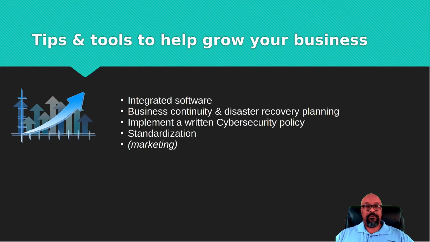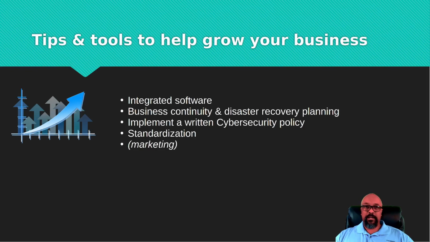So some of the tips and tools that we'll talk about today, which will help you to grow your business, really center on these particular bullet points that I have here. Integrated software, and we'll go into some detail about this. And by the way, I will have links to the applications, or rather the solutions we'll talk about today as part of the show notes.